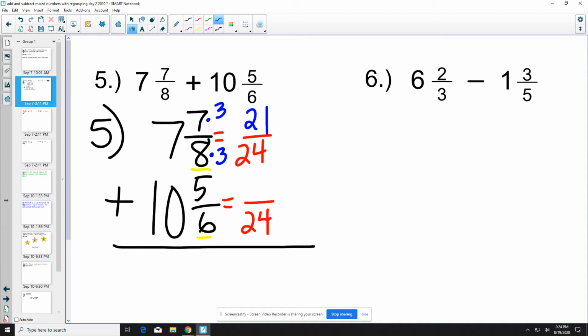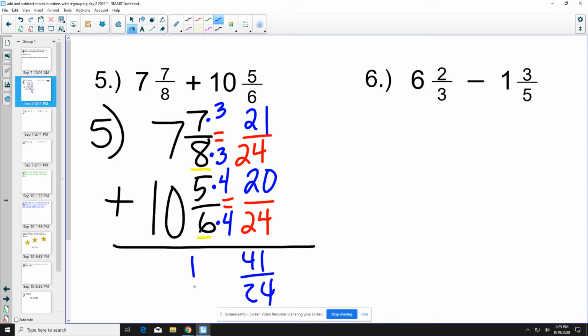If we look at this bottom fraction, we're asking ourselves 6 times what's 24? 4. So we would have to take 5 times 4 to get 20. Good. So once you have common denominators, now you can add. So I'm going to add 21 and 20 to get 41 over 24.